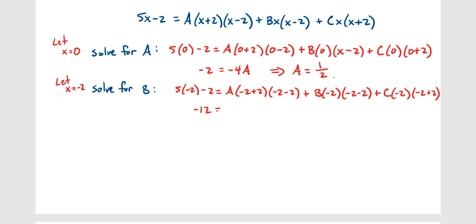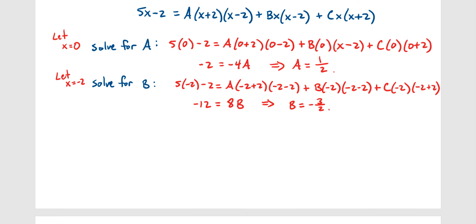On the right-hand side, we'll just end up with the b term, which is negative 2 times negative 4, so positive 8b. Divide both sides by 8, and we get b equals negative 12 over 8, which simplifies to negative 3 over 2.